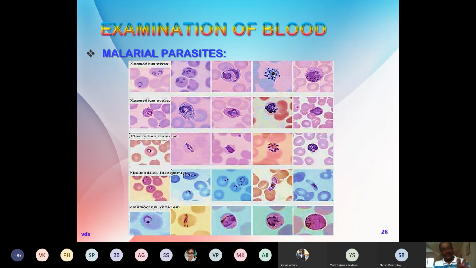Just remember these are the important stages which we can observe by staining the slide. Similarly, we can identify the microfilaria, whether it is sheathed or unsheathed, and even identify the species after staining by observing under 100x. Okay.